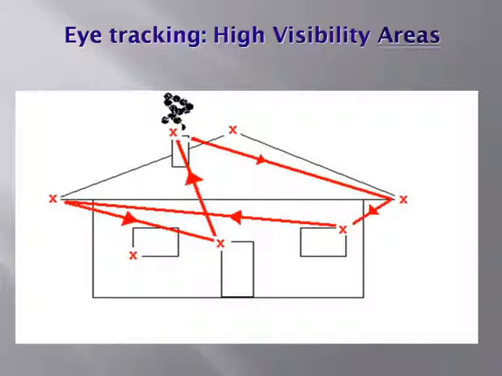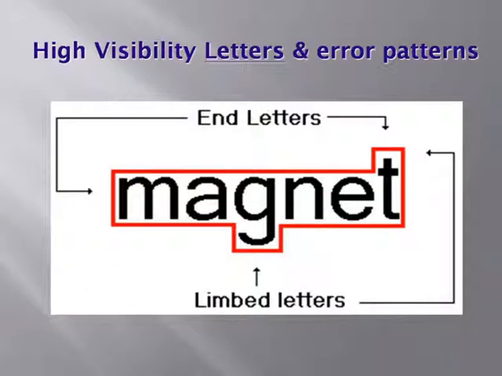The chimney sticks up into space. And we also found that where contours change, such as the corners of doors and windows, they attracted attention. And the lines I've put here show the way the eyes moved over this particular kind of picture.